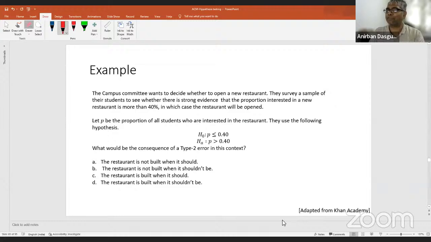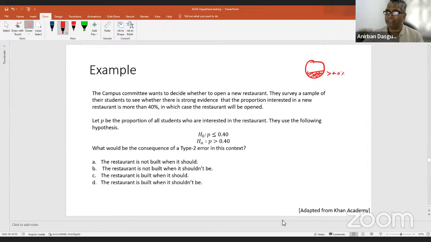They survey a sample of students, and they want to see whether there is strong evidence that the proportion interested in a new restaurant is more than 40%.